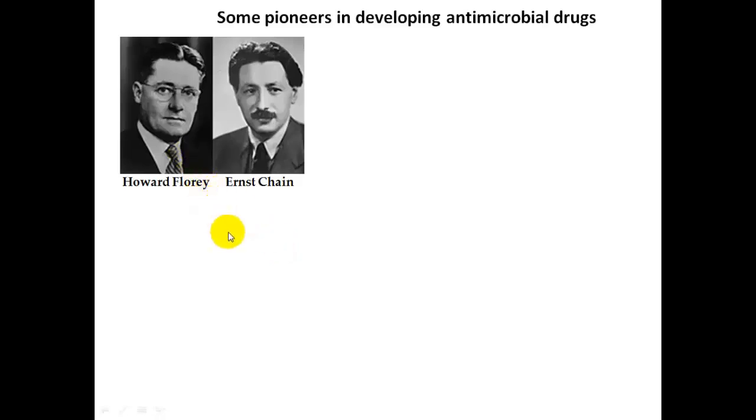These guys were a little bit better in their biochemistry than Fleming was, and so they were able to find a way to purify the active substance in the penicillium mold. Not only that, but they were able to mass produce it in a stable way, so it was stable within the human body and could be used as a medicine.